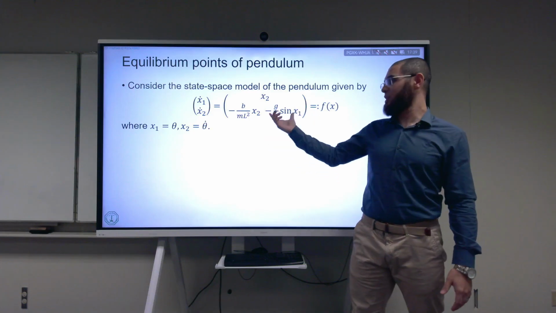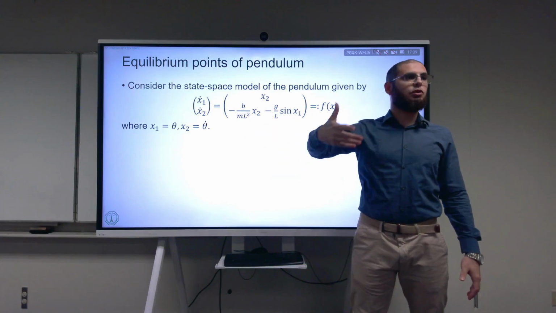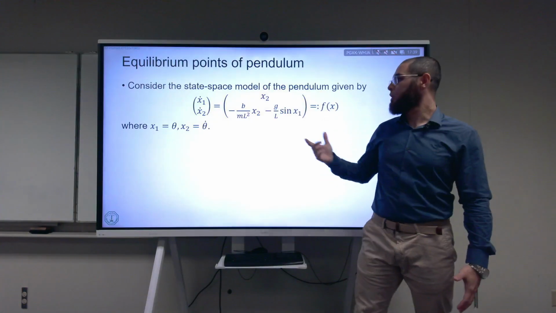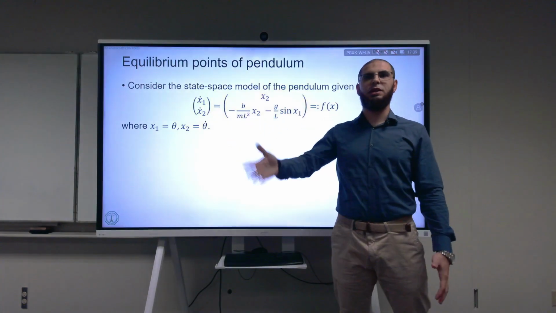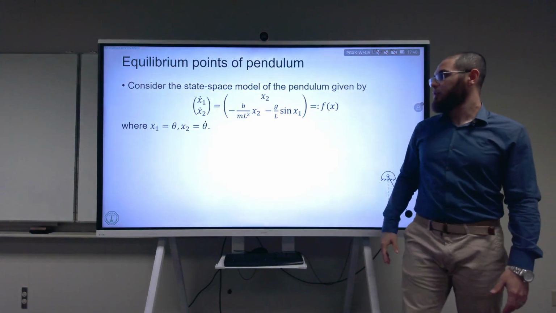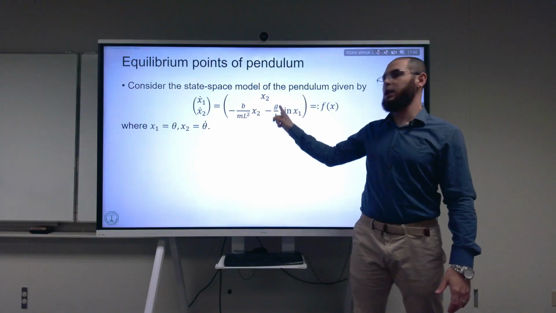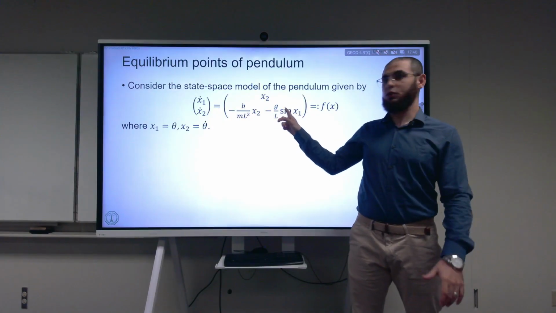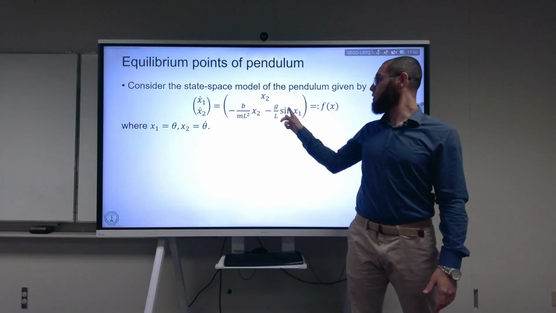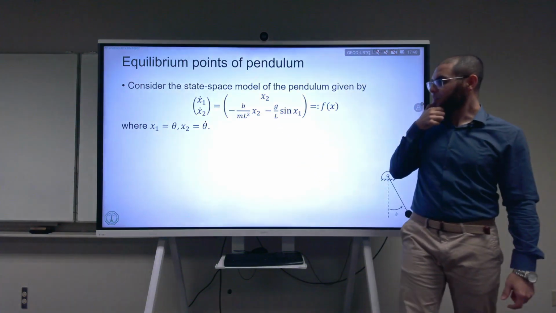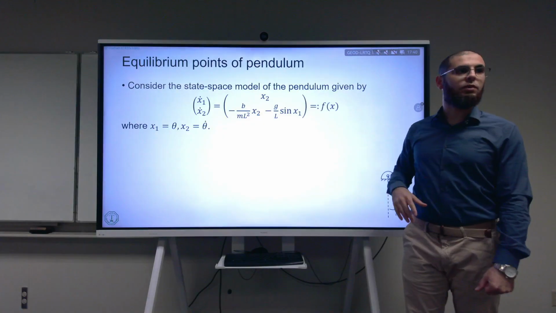Or because this was a pendulum, actually it was torques divided by inertia. So here ml squared plays the role of the inertia. These were the friction torques, and these were the gravity torques. G here was the gravity. And x1 is theta and x2 is theta dot.